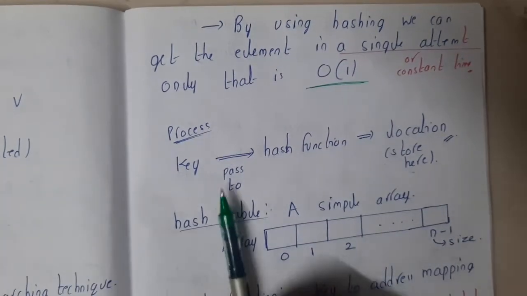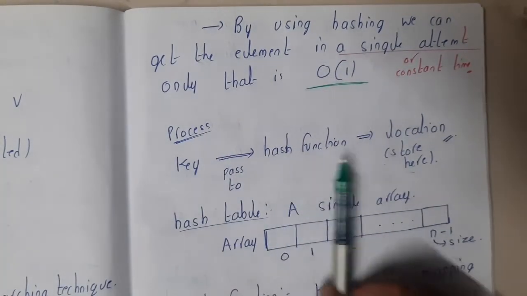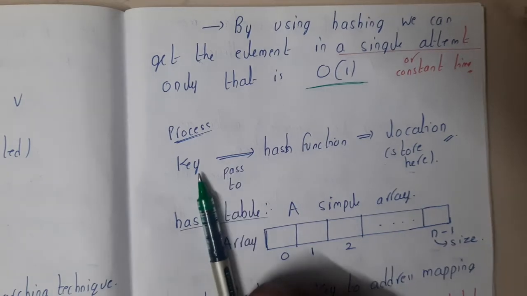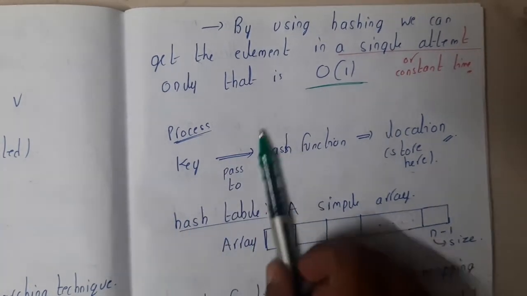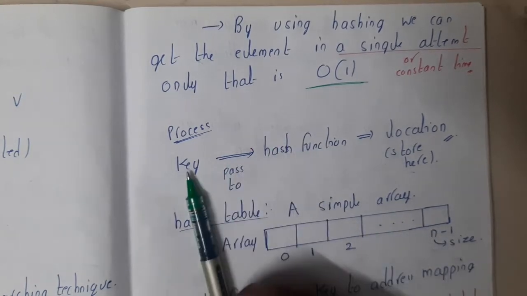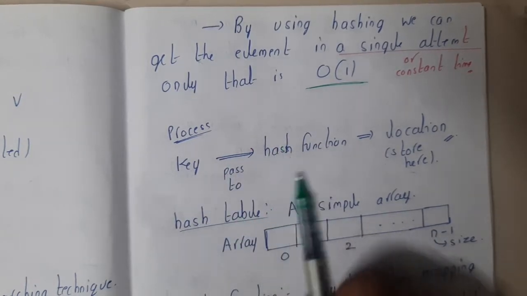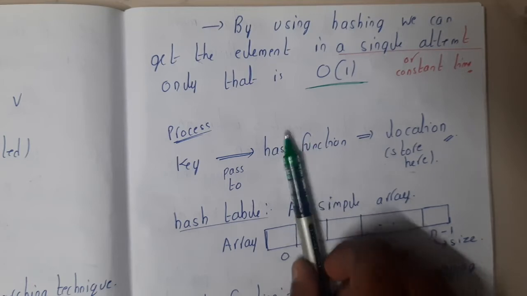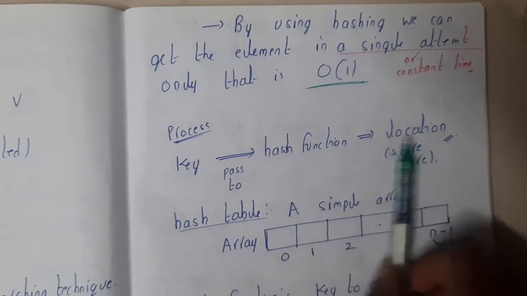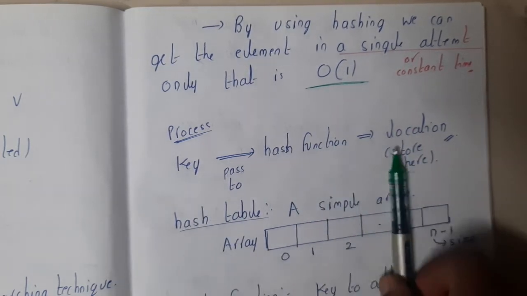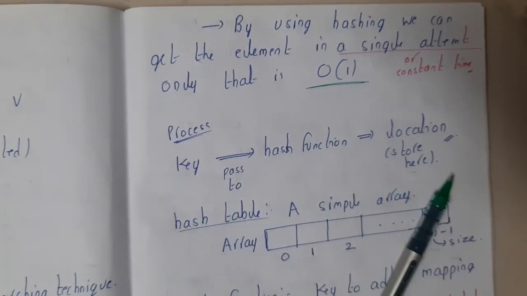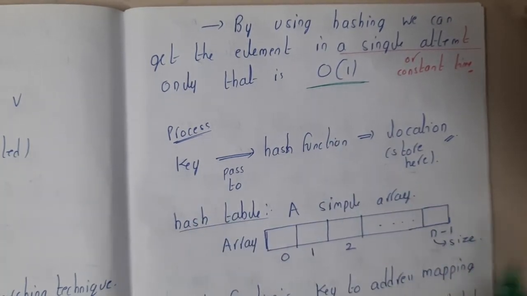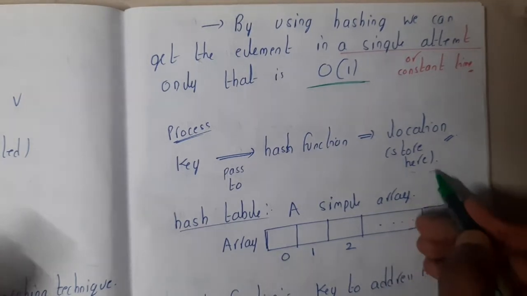We have a key and a hash function. The key is passed to the hash function, and the hash function will give you the exact location. That is why it can be solved in O(1). It is just a function: it gives the answer, you go and search there, you will find the result. The logic is quite simple.